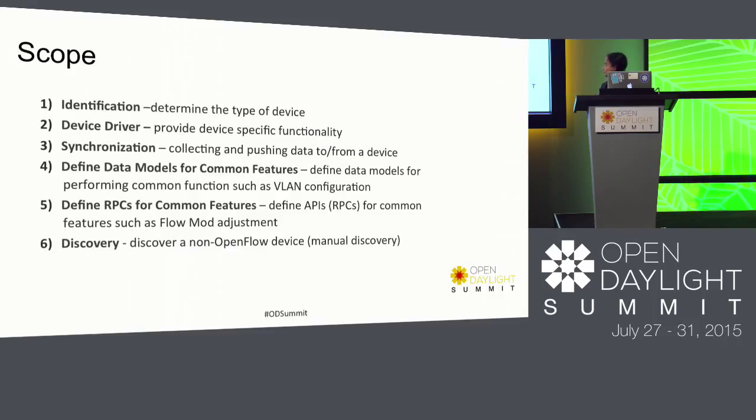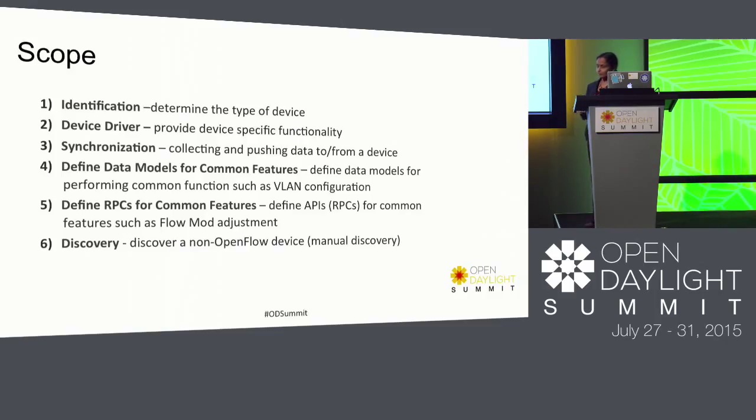So the scope of this project is mainly, first, identification of the device. Without identifying the device, we can't achieve any device-specific functionalities. So that's the number one priority. And then, upon identification of the device, what is next? We have to come up with the device drivers. The device drivers can do device-specific functionalities.